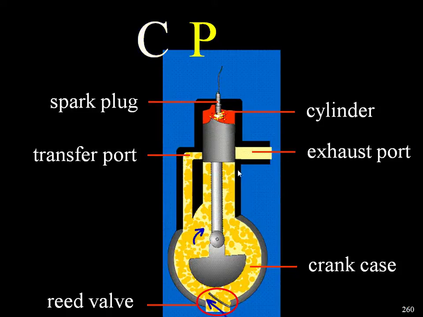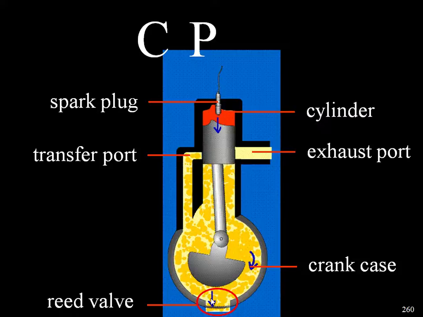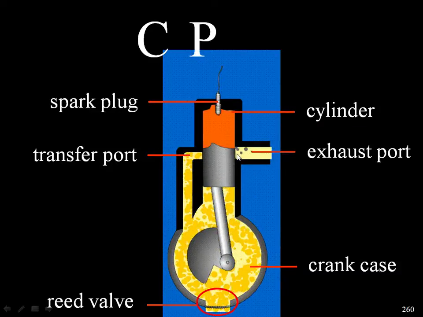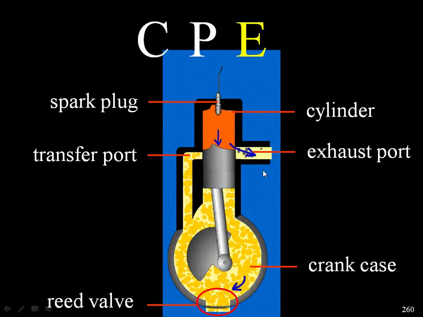So the piston pushes down, and you can see the power come up. At the same time, you can see the crankcase volume becomes smaller, so the valve will close like this. The piston pushes down to form power, and then you can see the exhaust port opened by the piston, which is called exhaust.